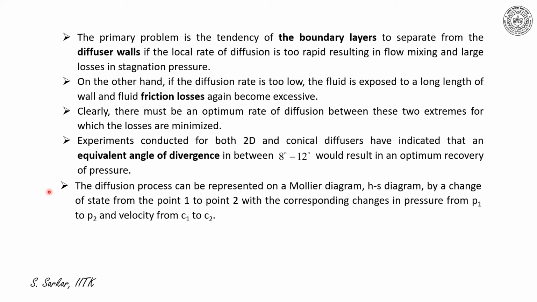The diffusion process can be represented on a Mollier diagram, that is on the H-S diagram, by a change of state from point 1 to point 2 with the corresponding change in pressure from P1 to P2 and the change in velocity from C1 to C2.